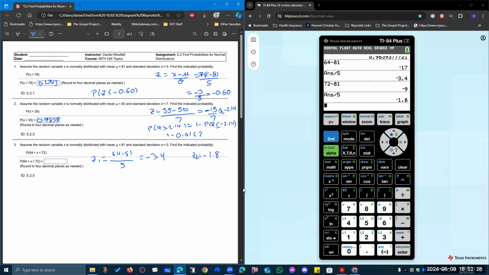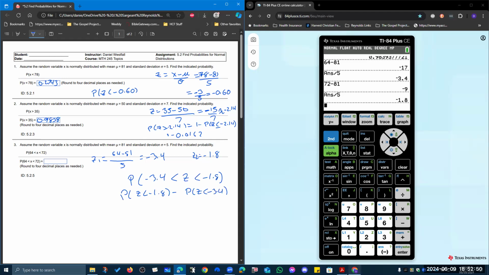So the probability of being between negative 3.4 and negative 1.8 here is the probability z less than negative 1.8 minus the probability of z less than negative 3.4.